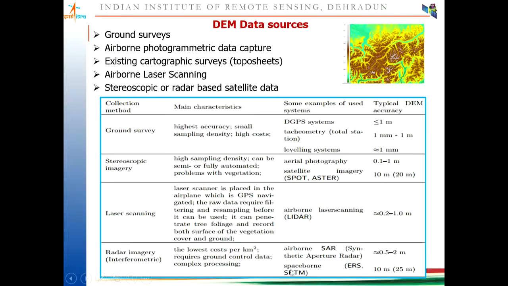From the very beginning we are using this one, and it provides a vertical accuracy of 20 meter to 25 meter. So you can say the DEM, elevation, can be generated from very precise to coarse, as per the requirement to meet our purpose for natural resource management.